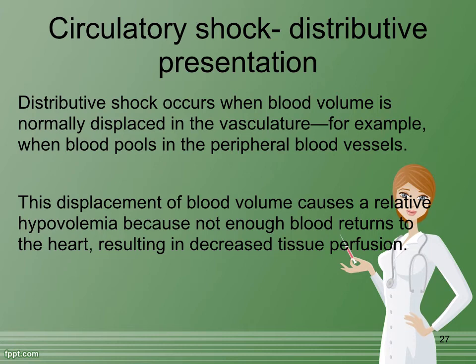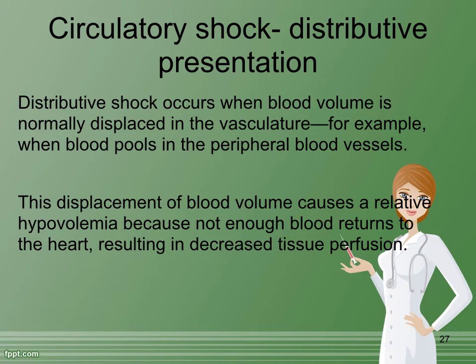Distributive. Now there is a kind of circulatory shock which is called distributive. And what is the distributive presentation? The size of the vascular system is directly related to the vasomotor tone. And what is vasomotor tone?